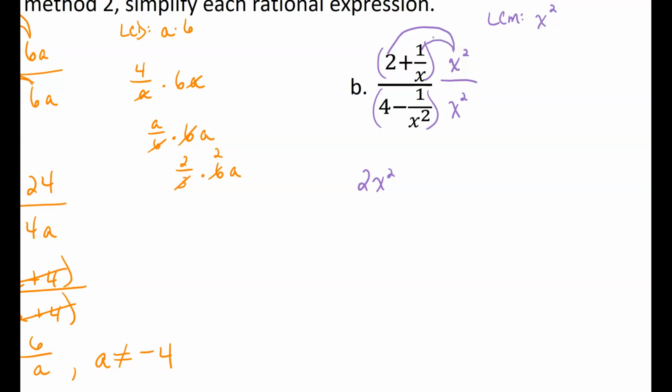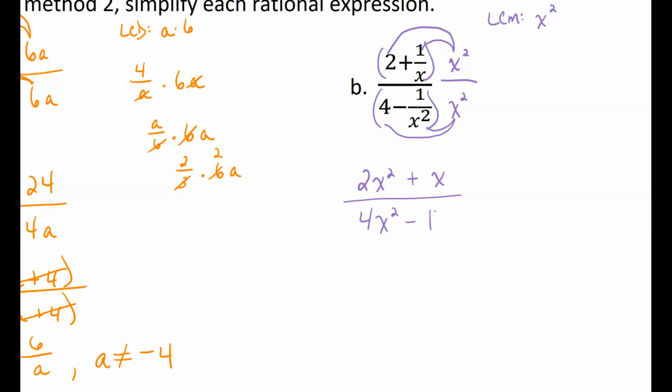What happens? One of the x's will cancel, and I'm left with a single x. All over. Down here, I have 4 times x squared, so that's 4x squared. And when I multiply 1 over x squared by x squared, I just have 1. It's a minus 1.